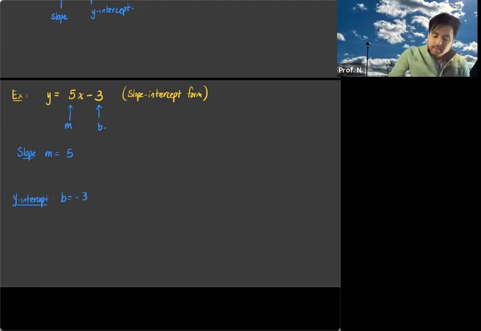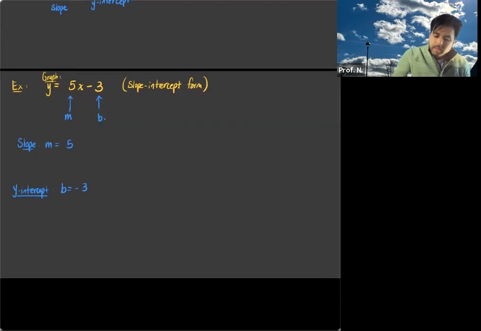Now, I want to graph it. How do I graph? Before we continue, what is slope? In general, what is slope? Well, slope is a rate of change.